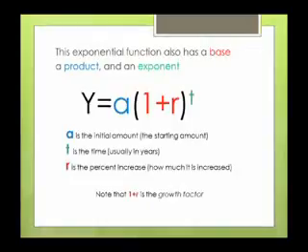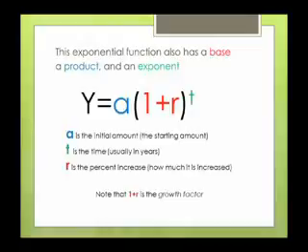This exponential function has a base, a product, and an exponent, just like our previous one. But in this case here, we can see that we still have the product being the initial amount or the starting amount. Now our exponent has changed to t, which represents the time. In this case, it's going to be in years.